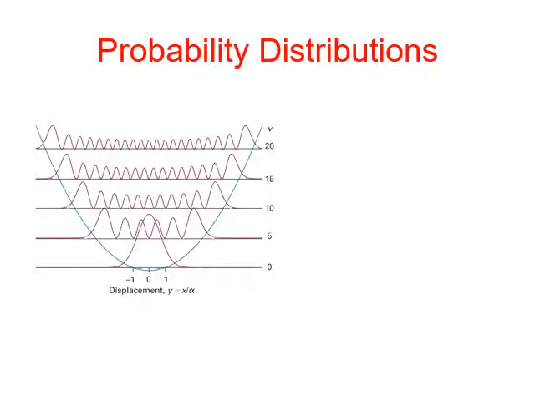Having looked at the first few wave functions, now let's look at the probability distribution by squaring these wave functions. We can see for the lowest energy one, the most probable place is at the center.